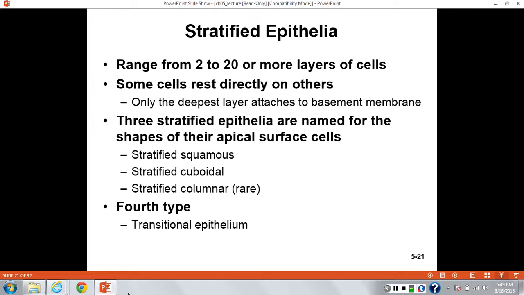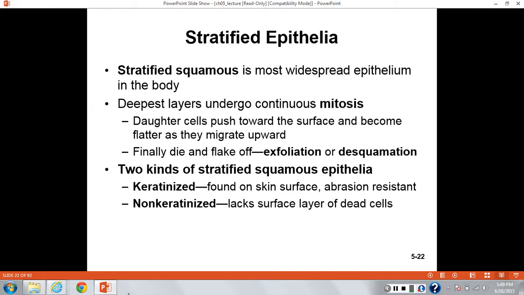Your stretch receptors. As your bladder gets full, it stretches, so that gives a nerve signal to make you go. So the transitional cells help with that component.